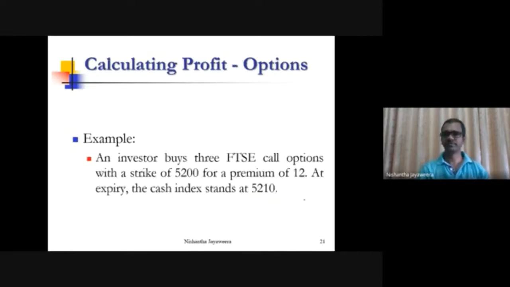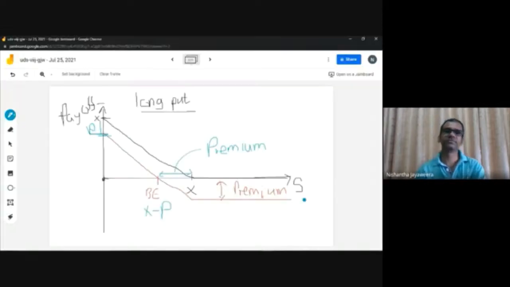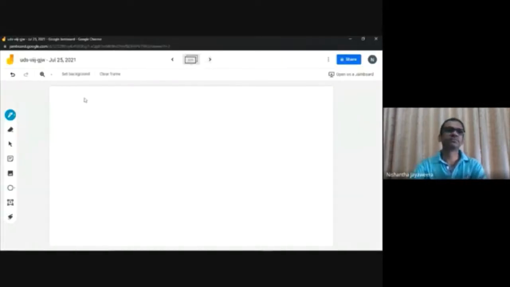So now you can draw the payoff or the profit diagram for a short put option. What would be the diagram for a short put?